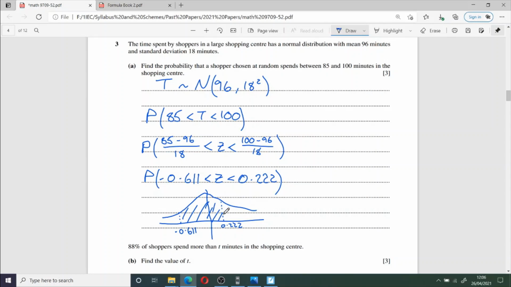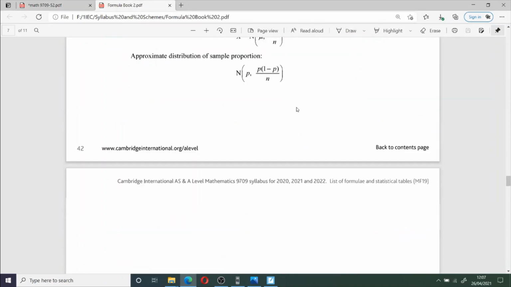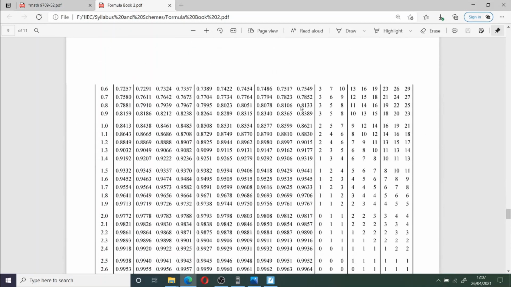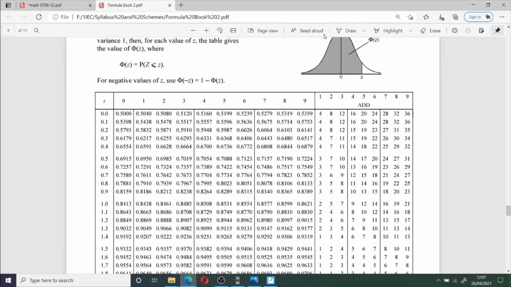Okay, so what I'm going to have to do for this, the less than 0.222 is quite easy. Let's read that off our table. So 2, 2, 2, so this, add on that 8, so 0.5879.